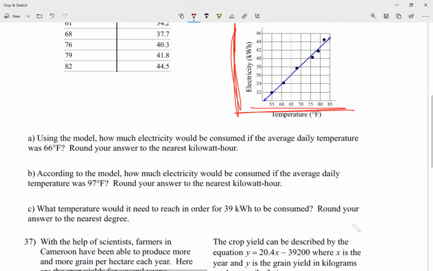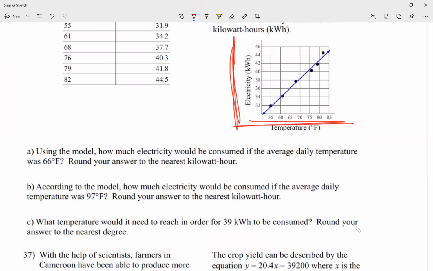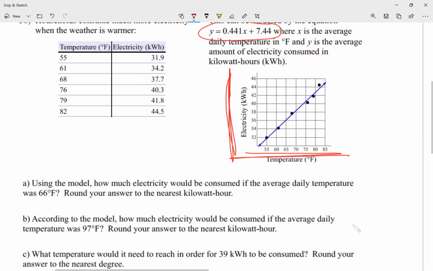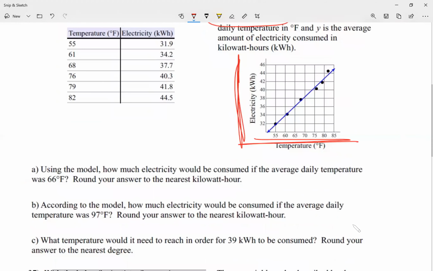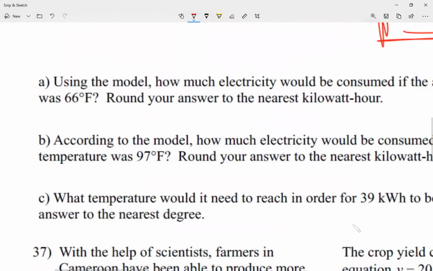All right, so it seems like I'm going to round it to the nearest whole number. Now the equation I'm going to be using is y equals 0.441x plus 7.44. So let me rewrite this as y equals 0.441 times 66 plus 7.44, because the number given is the x, right?